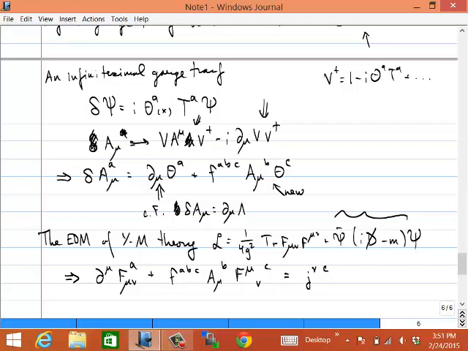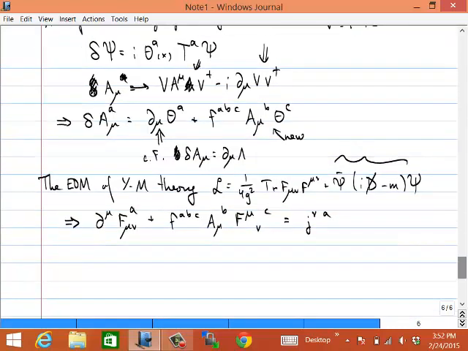And if you have matter, that's equal to some current, which now has a free index, an additional gauge theory index A. And so in the present case, where you have this matter here, J nu A is psi bar gamma nu T A psi.